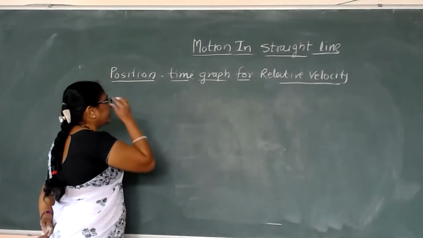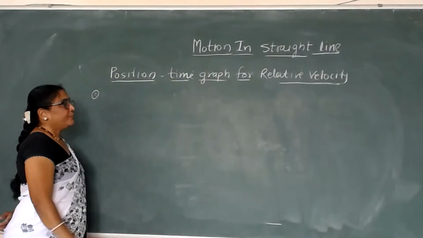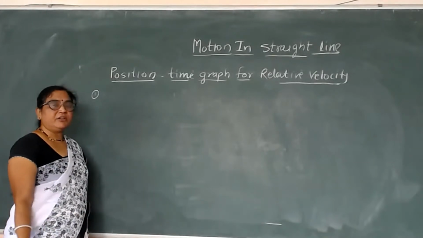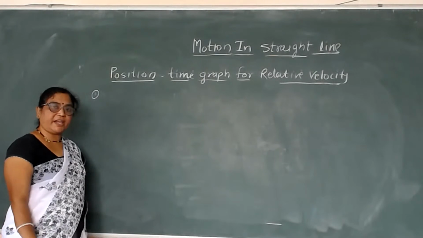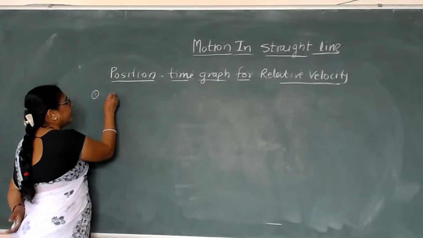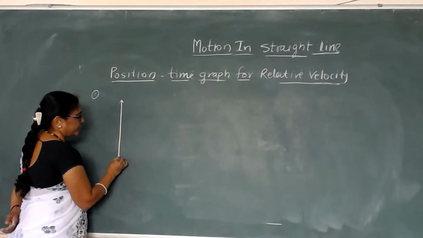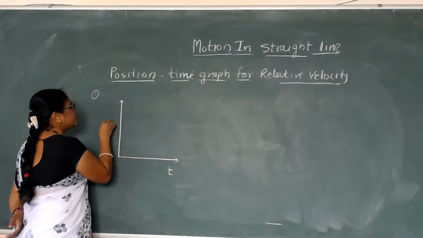So if we show the graphs, first one, position time graph for the relative velocity. When we show the relation between the velocity of an object A and B, we consider the graph. This shows the time and this shows the position.